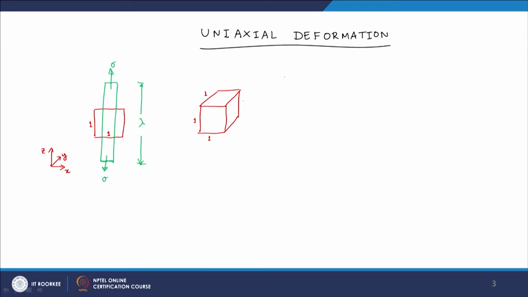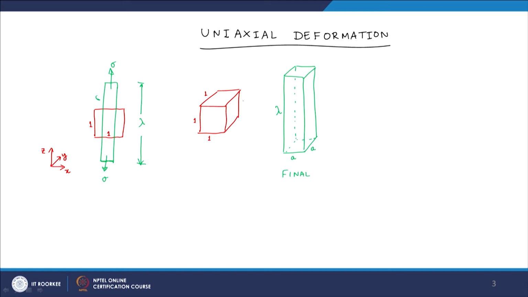So, if I start from here, I am eventually going to a shape like this, where we know that the z direction is lambda, and the other two must be much smaller. And since we cannot differentiate between the x and y direction in this case, because deformation is being applied in z direction, these two must be same. Let us call that A for a moment. This is my final state.